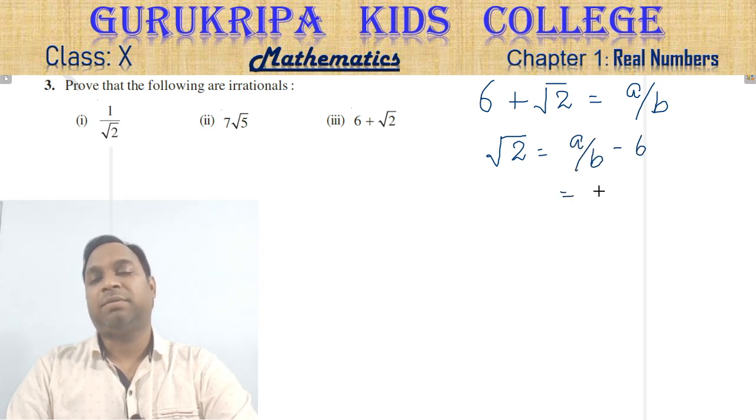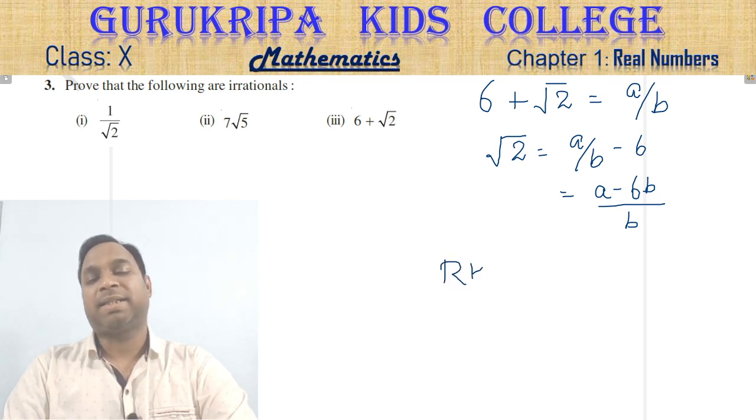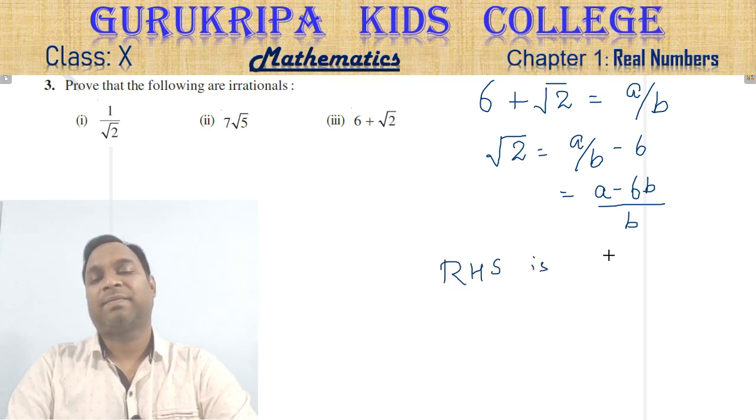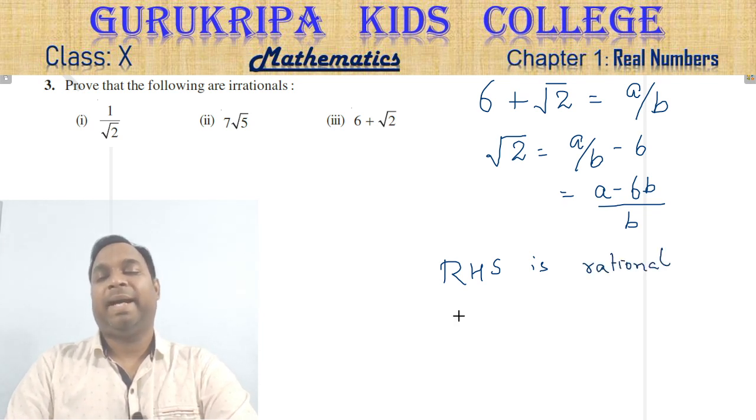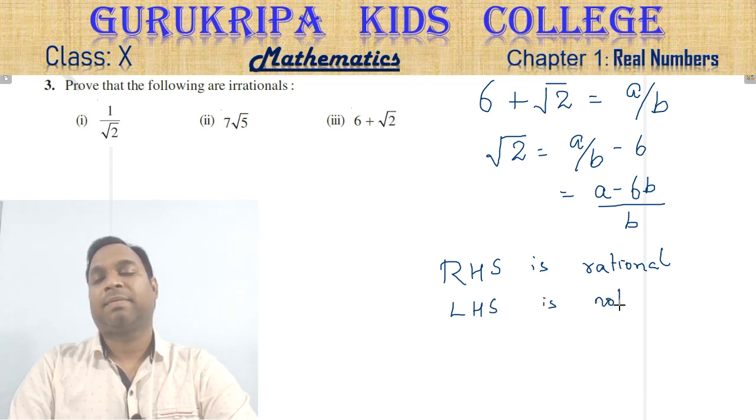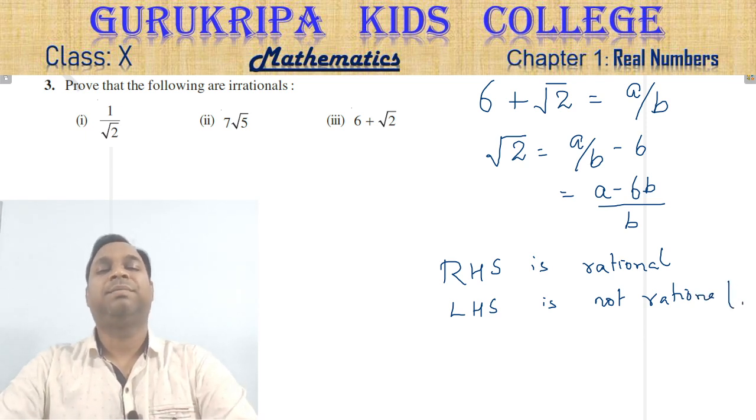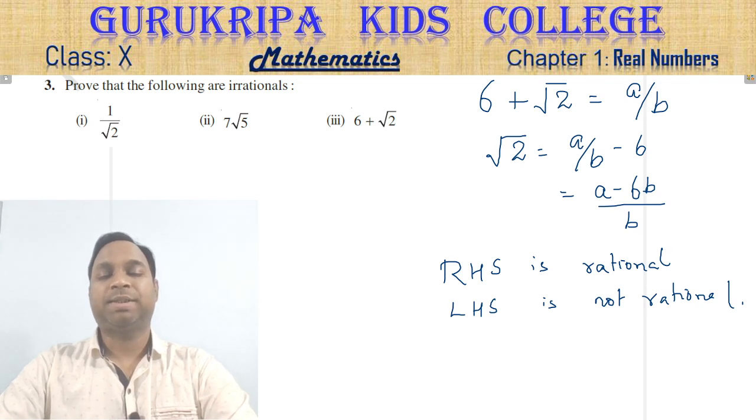That will be equal to a minus 6b divided by b. Isn't it? Again, RHS is rational. LHS is not rational. Hence a contradiction. Therefore, 6 plus square root 2 is an irrational number.